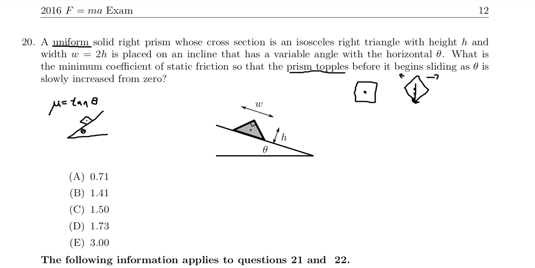If you took the midline cross section, you would get this, and this would be where the center of mass is. So we want to find the angle of rotation such that if I were to draw a line from this lower point, because as we increase theta, it becomes obvious that this point will be the toppling point, we want to know for which theta this will be in line.